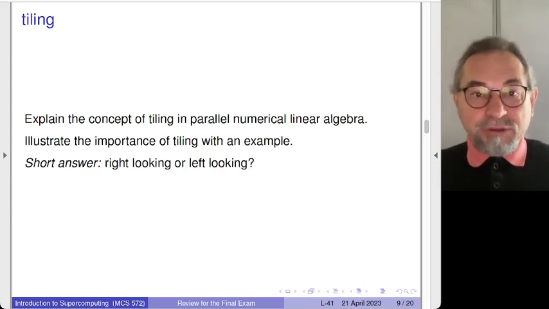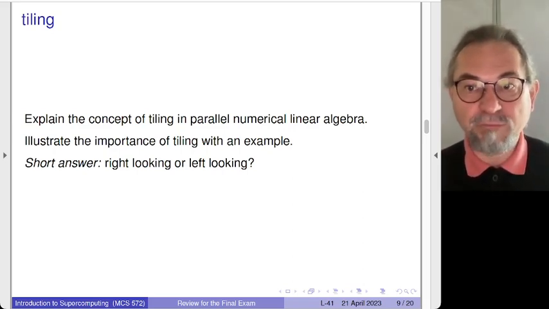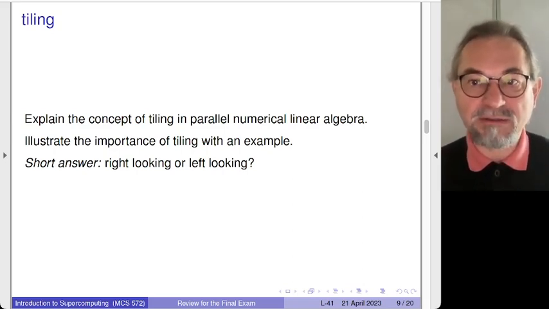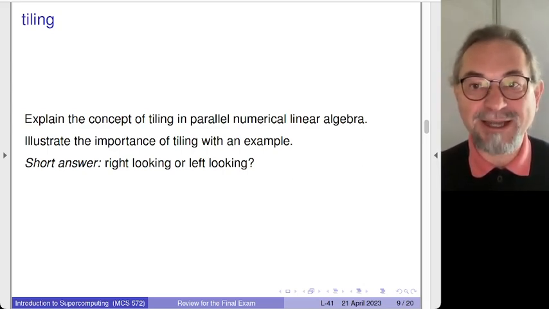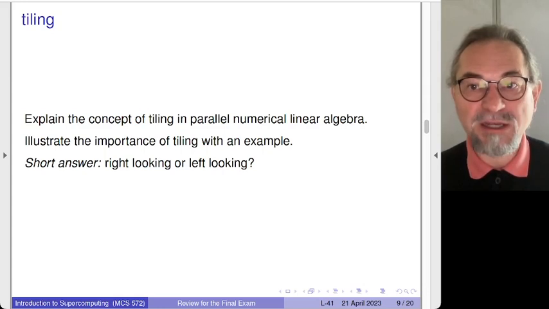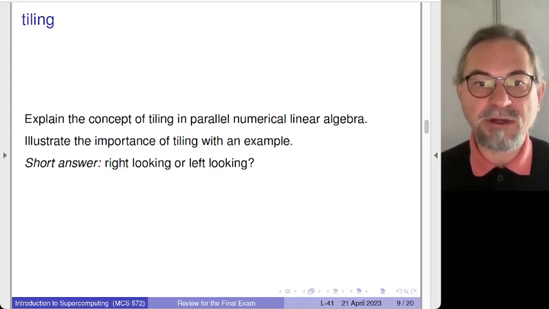Why is that important? Well, it is important for the memory movements. Row reduction is still an operation that is cubic in the dimension, but what you should not be doing is loading in the same data many times.